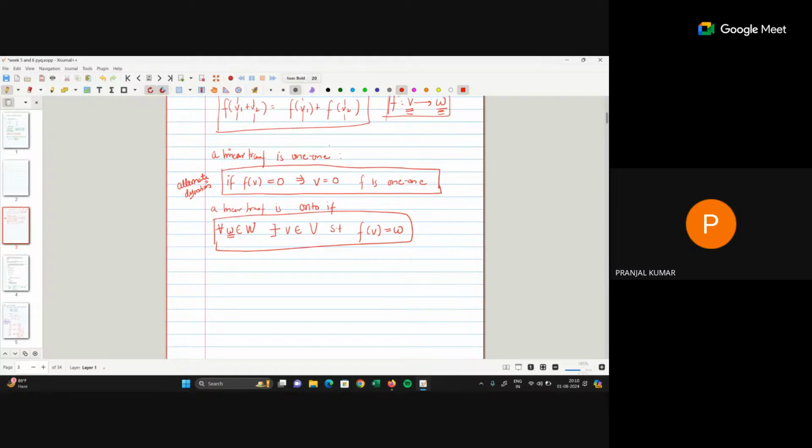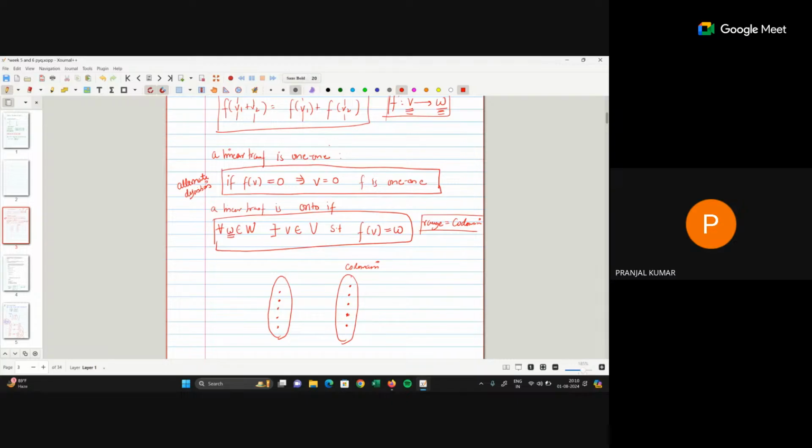Just for now, remember that a linear transformation is onto if for all w... So basically, this means that range is equal to codomain. This is what is meant by onto: range is equal to codomain. So this is your codomain. Suppose there are only 5 elements in it, and here there are 5 elements.